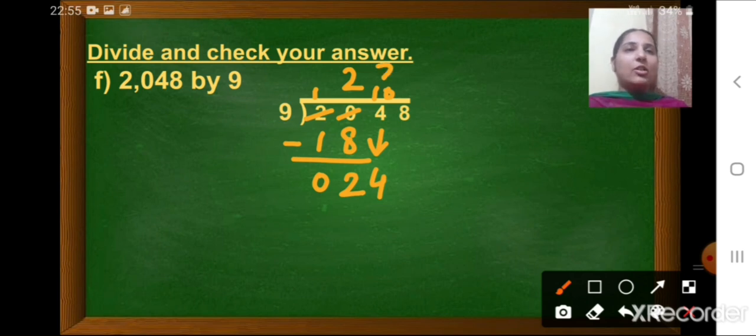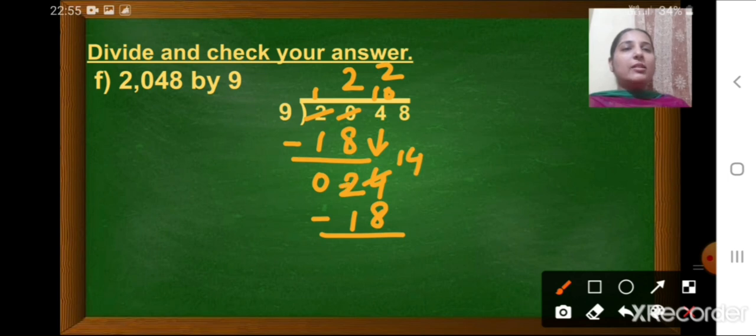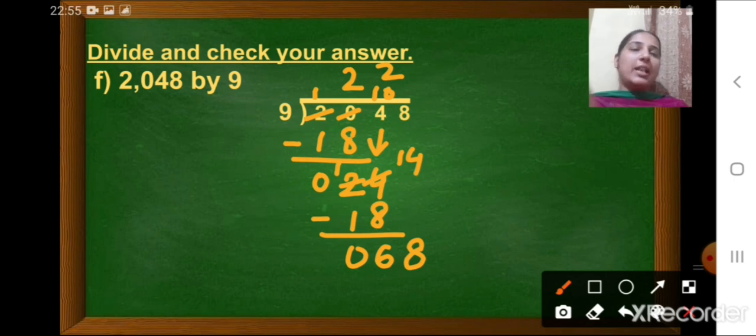So again 9 2s are 18. Again we have to borrow. So this becomes 14 and this becomes 1 here. So 14 minus 8 will get 6 here and 1 minus 1, 0. Now we will bring down the next digit from the dividend, which is 8 here. So this becomes 68.